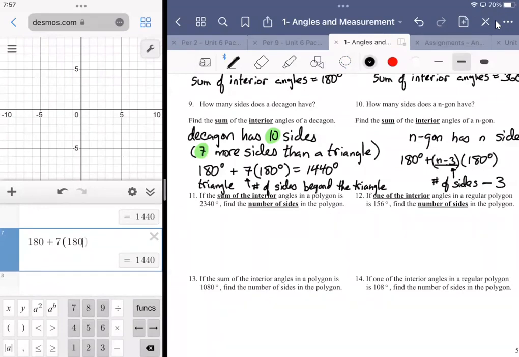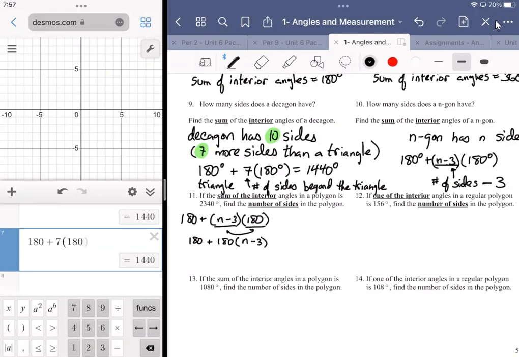But we have this 180 plus n minus 3 times 180. That could be, by the commutative property, I could swap these two and make that 180 plus 180 times n minus 3.